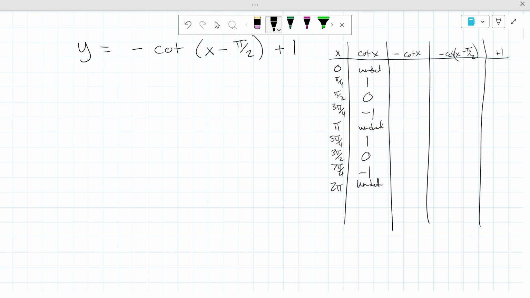So if I do a negative cotangent, what does that do to my undefineds? Nothing, right? A negative times an undefined is still undefined. A negative times each of these would go negative 1, 0, 1. That's what the negative does.